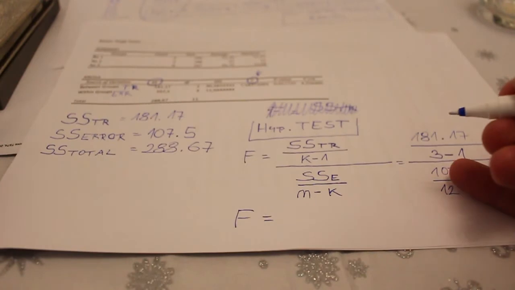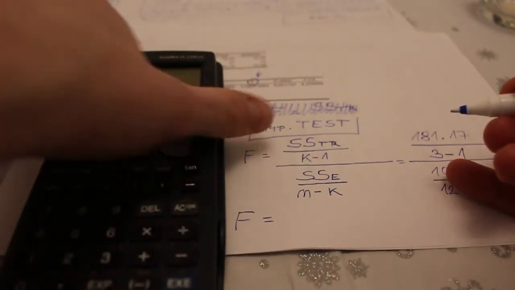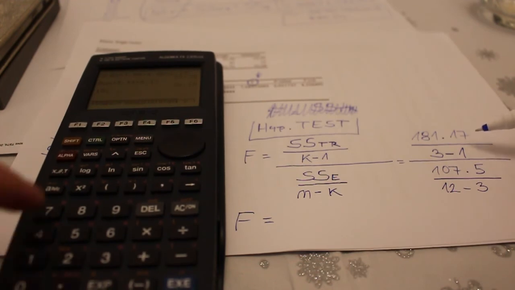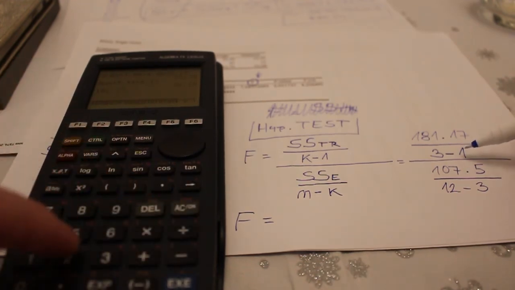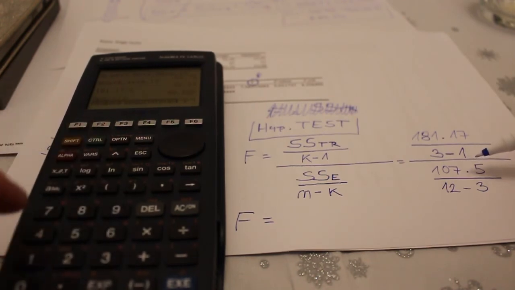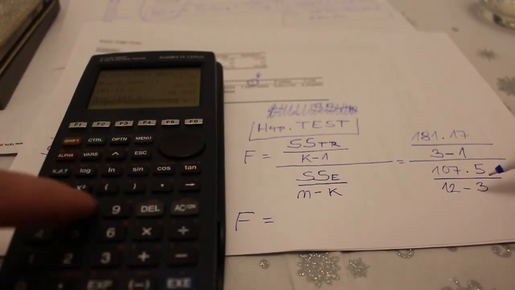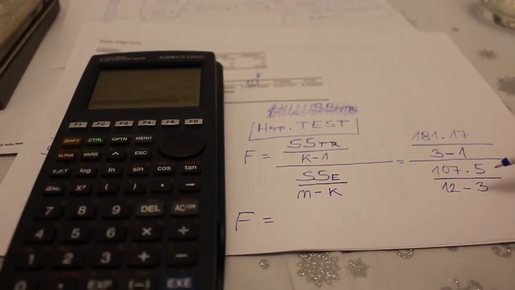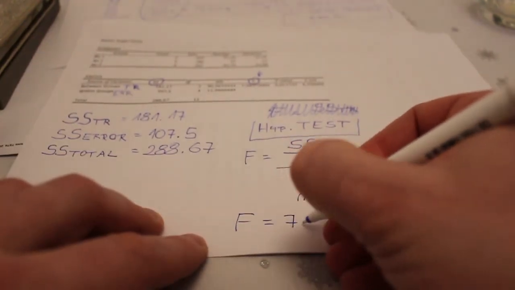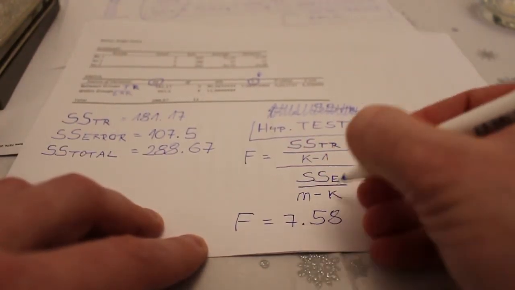F is equal to, I will use the calculator, 181.17 divided by 2, and this is divided by 107.5 divided by 9, and the total result is 7.58.